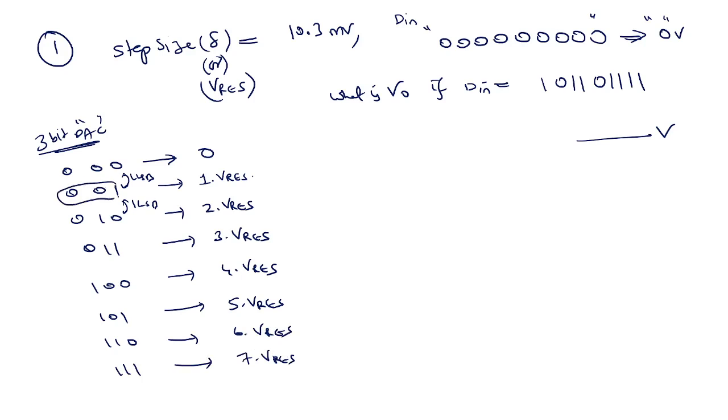Now you look at this. Whatever is a binary number here, you are getting a decimal equivalent, right? 111, you are getting 7. So what is the decimal equivalent of this? 101101111.